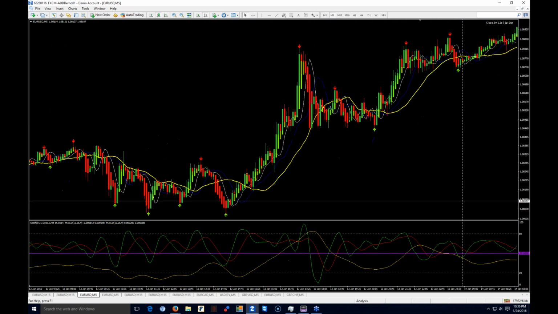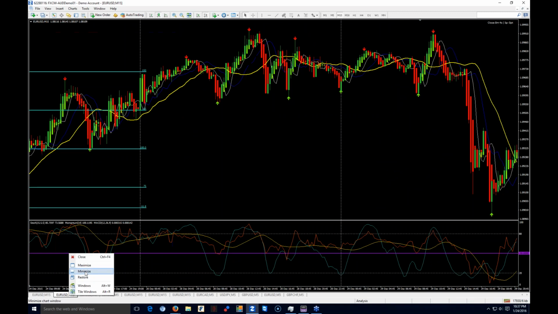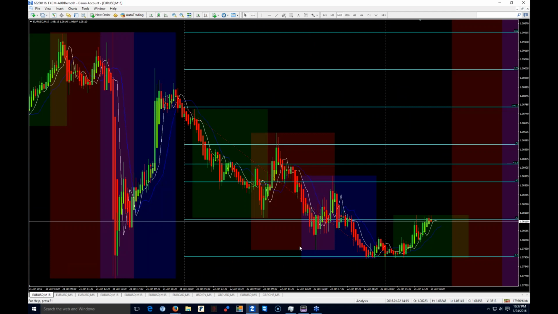USD. That's this. This is something called a sessions indicator, but for the most part, to be honest, you guys are using the retracement levels and all that.